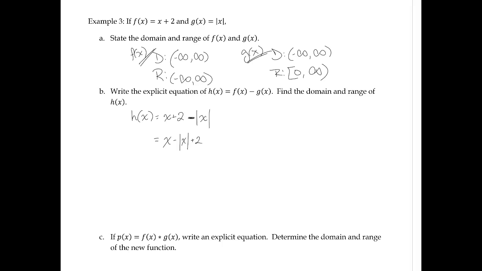So we see if this is positive, like for example, h of 3, well, that would be 3 minus the absolute value of 3 plus 2. Well, all of this equals 0. So we're just left with positive 2, and that would work with any positive number. Whereas if we work with negative 3, that would be negative 3 minus the absolute value of negative 3 plus 2.